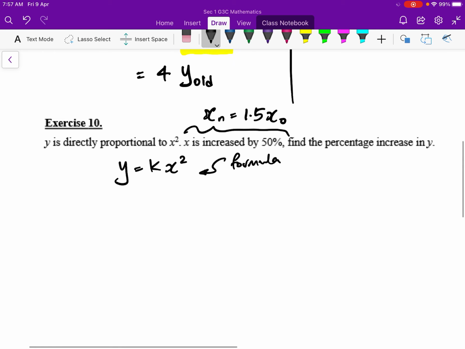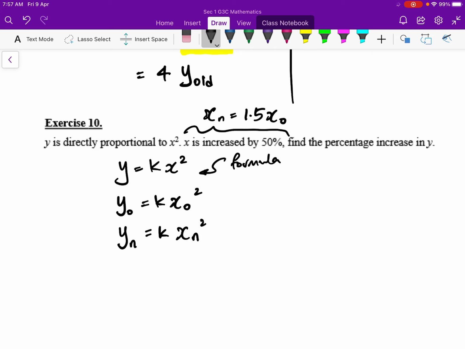Now we substitute in the original values first. So yo equals k xo squared. This is the original, what happened initially. Then we have a new value of y that we are trying to find out how it changed. So we substitute yn into the original formula. It is equal to k times xn squared. Okay, watch.